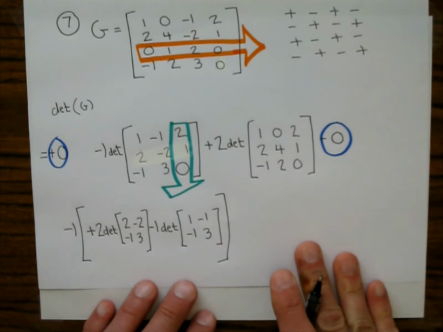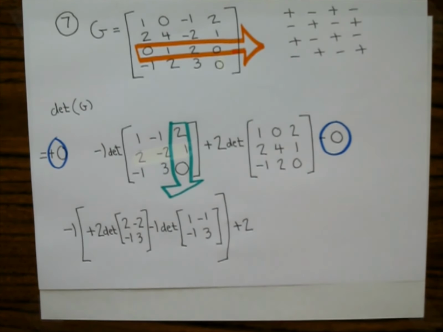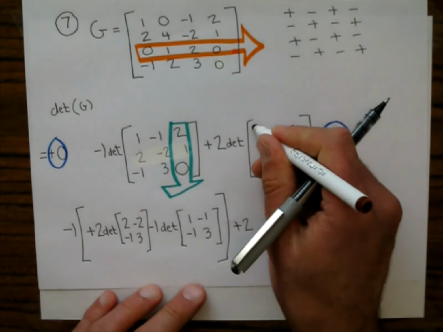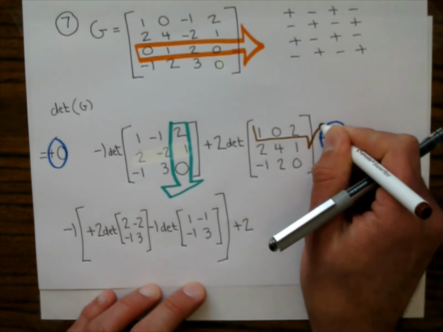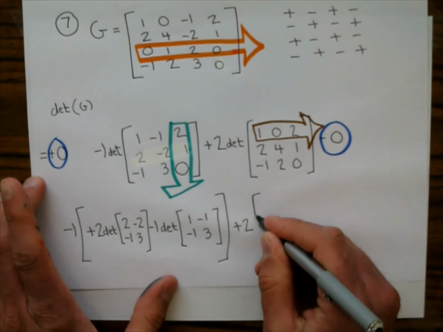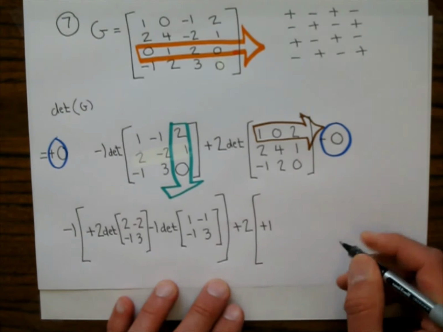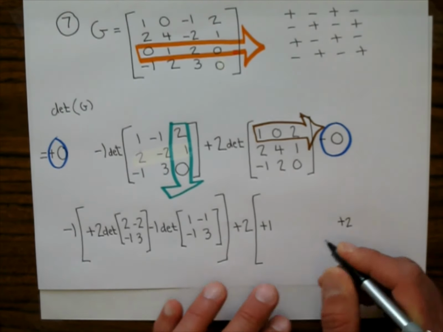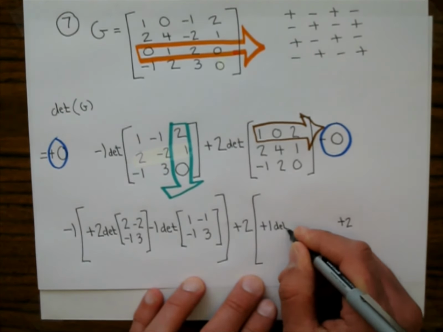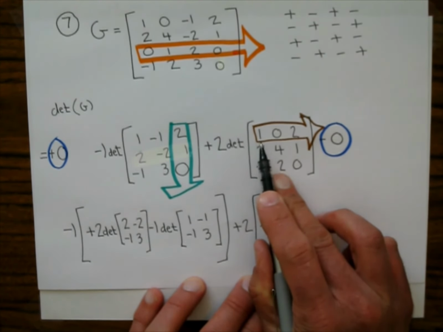Woo, this is a traumatic problem. Then I have plus 2, and then I think I'll decide to go maybe on the first row here. So I have 2. The 1 and the 2 are in positive positions. So this is going to be the determinant of the matrix gotten by covering up the row and the column that contains that 1.